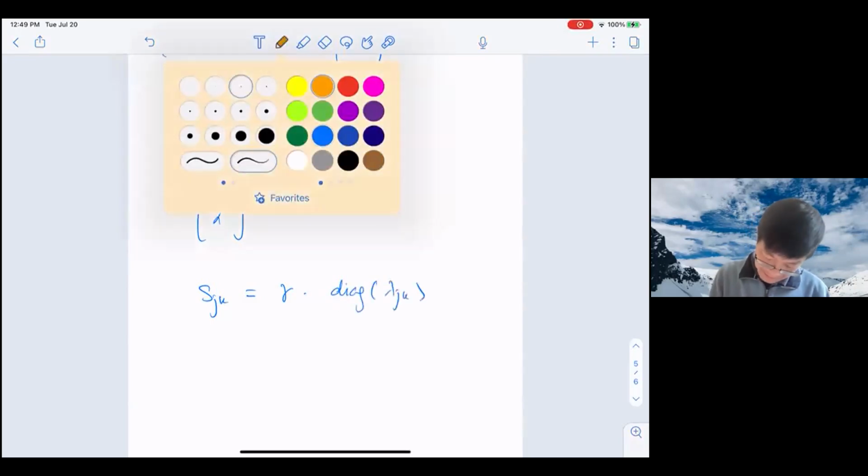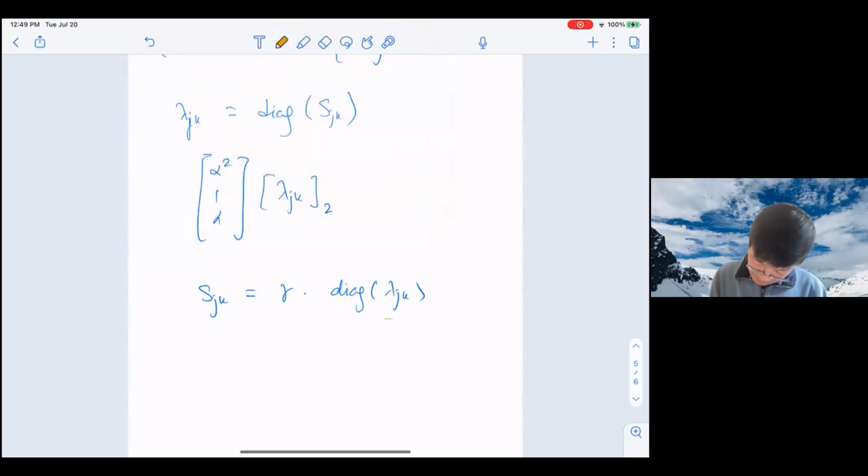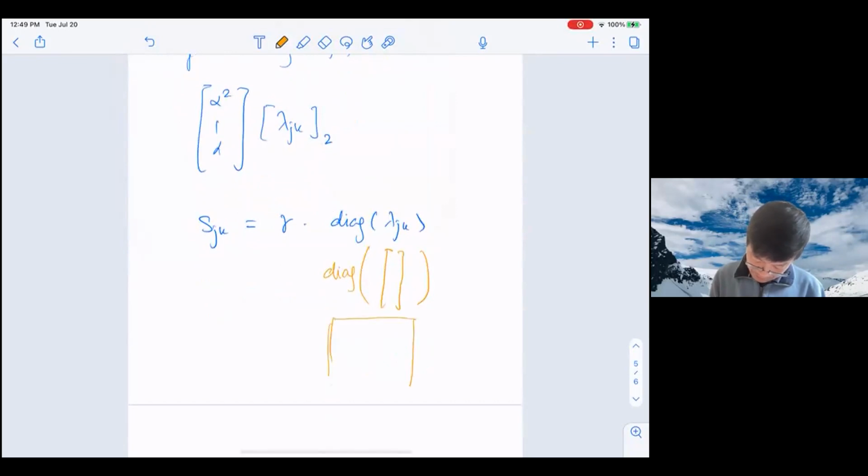So let me explain what this is. This is a three-dimensional vector, lambda JK 1, 2, 3. You make that into a diagonal matrix. So this is a 3 by 3 matrix with lambda JK 1, lambda JK 3. This is a matrix that is a constant.